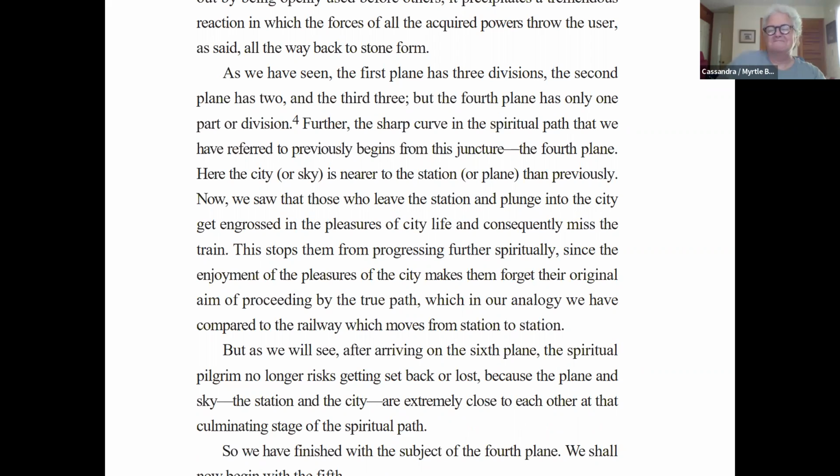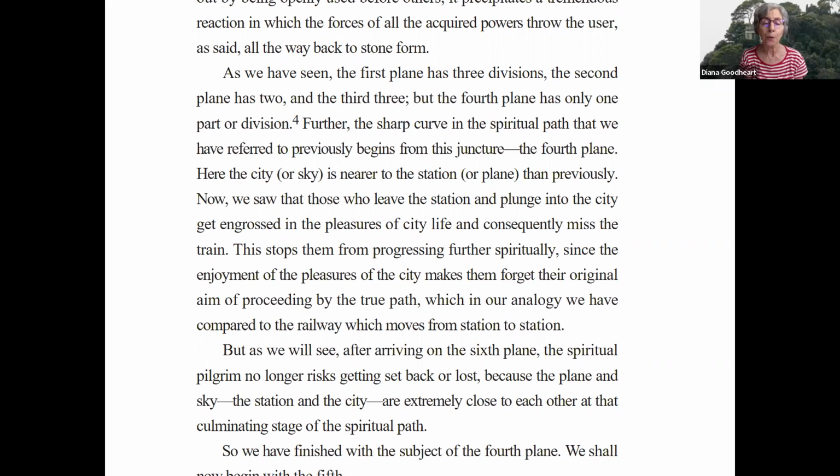As we have seen, the first plane has 3 divisions, the second plane has 2, and the third 3. But the fourth plane has only 1 part or division. Further, the sharp curve in the spiritual path that we have referred to previously begins from this juncture, the fourth plane. Here the city or sky is nearer to the station or plane than previously. Now, we saw that those who leave the station and plunge into the city get engrossed in the pleasures of city life and consequently miss the train.